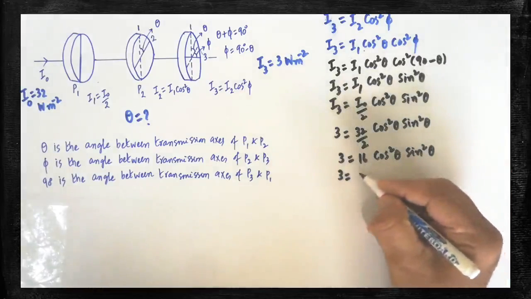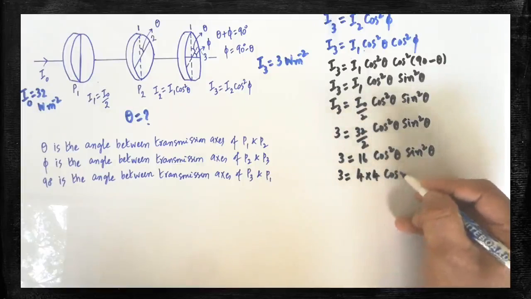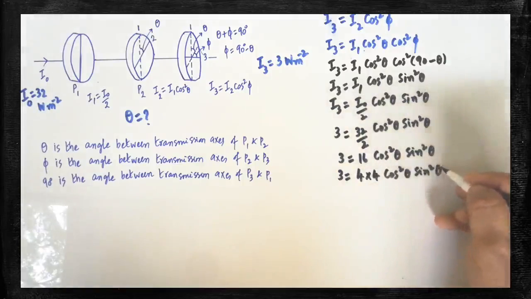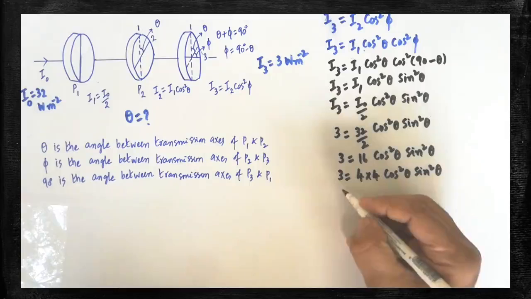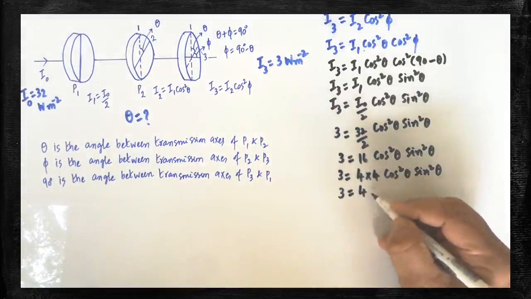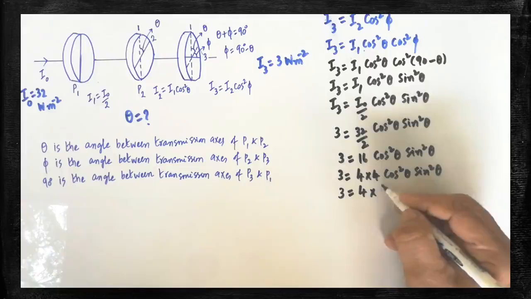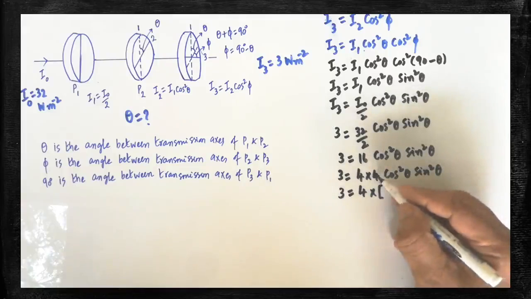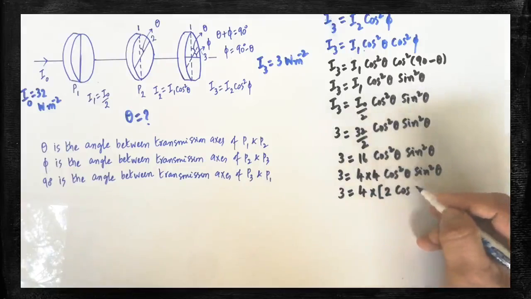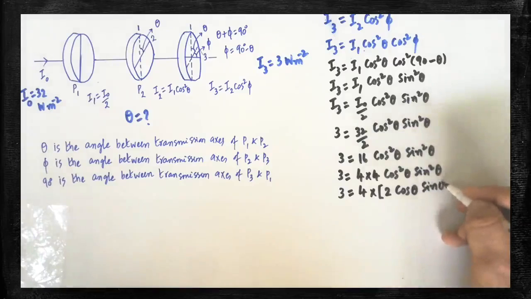Now this 16 can be split into 4 into 4. Later it can be written as cos square theta sin square theta. So here the 3 could be written as 4 into this entire factor written within the square. If 4 is taken within the bracket, that one becomes 2. So later we can write it as cos theta sin theta whole square.